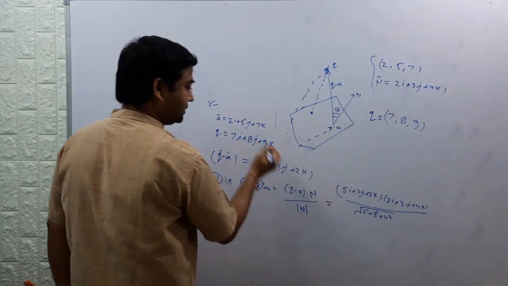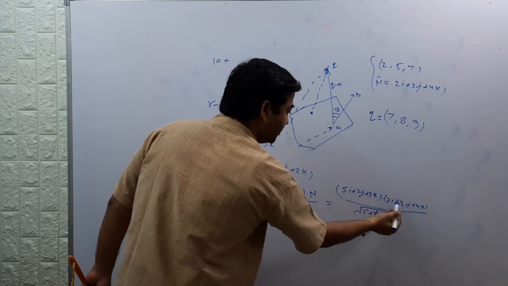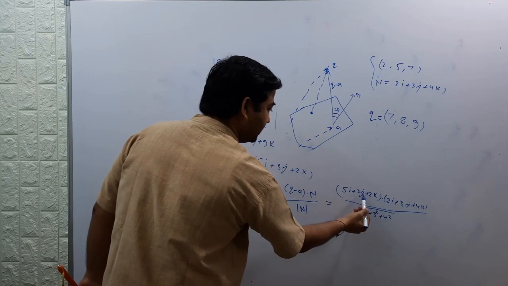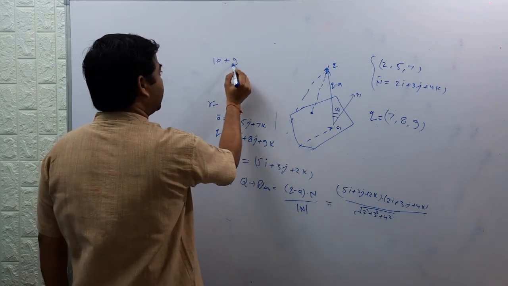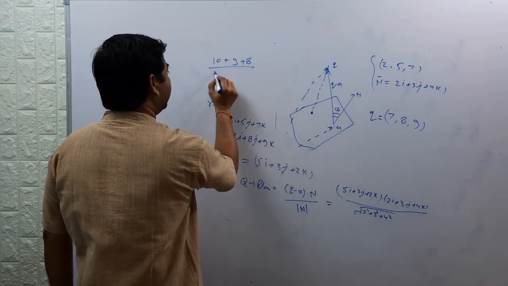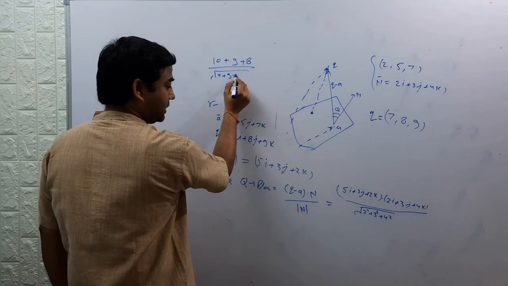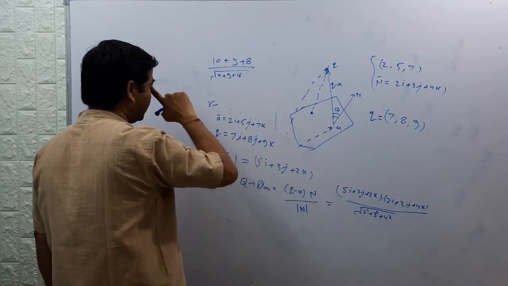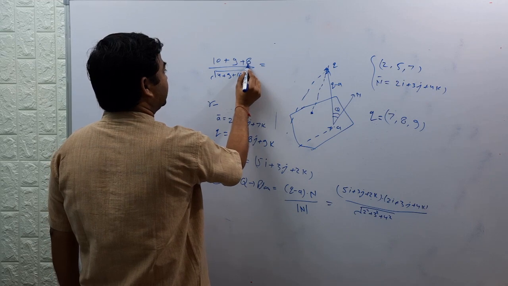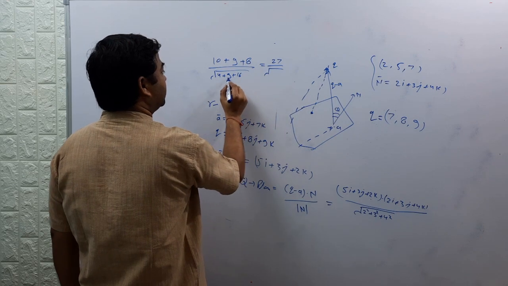So this can be written as: i dot i is 1 and i dot j and k is 0, so 5 into 2 is 10. Similarly 3 into 3 is 9, plus 2 into 4 is 8, divided by under root of 4 plus 9 plus 16. So this is 10 plus 9 plus 8, which is 27, by under root 29.